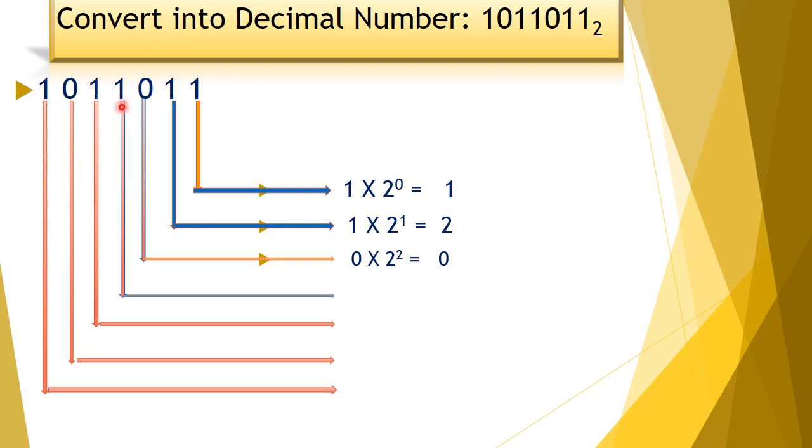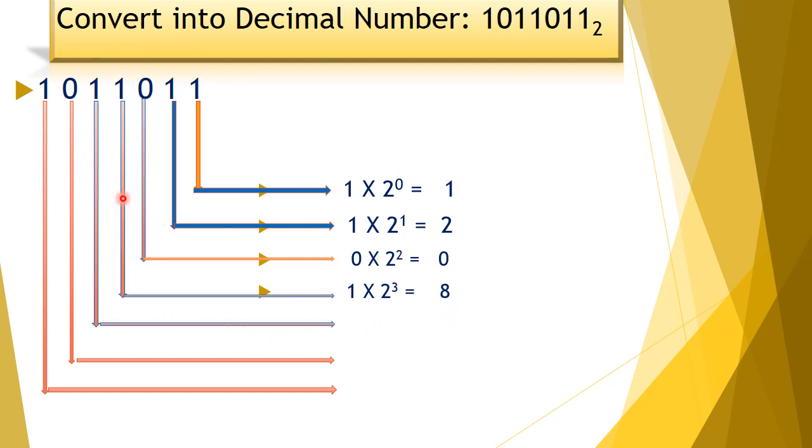We multiply 1 by 2 raised to the power 3. 2 raised to the power 3 is 8. So 1 into 8 is 8. We get the product 8 here.